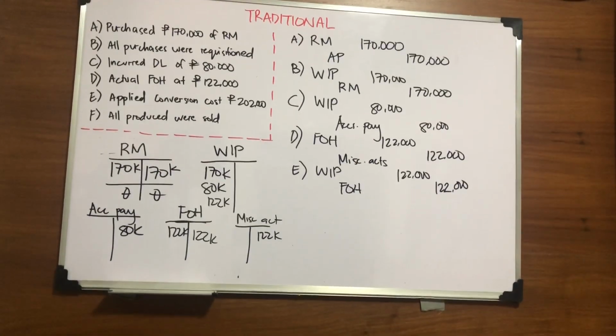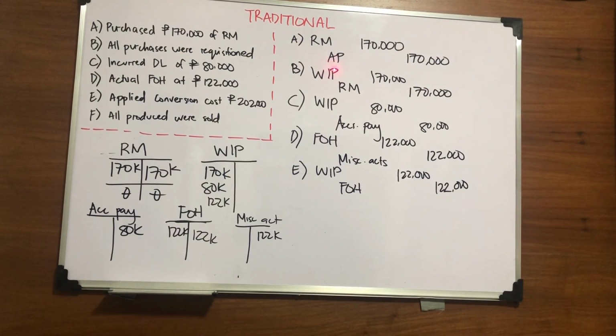So next, it says here all produced products were sold. So what we have to do here is to close out the work in process inventory account to finished goods inventory. Okay, so how do we do that?